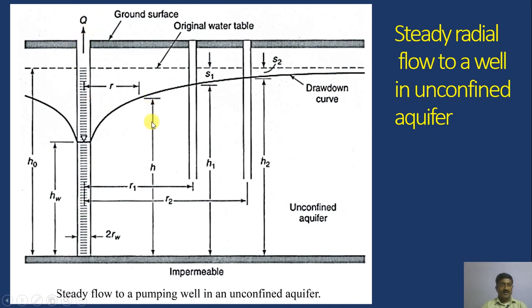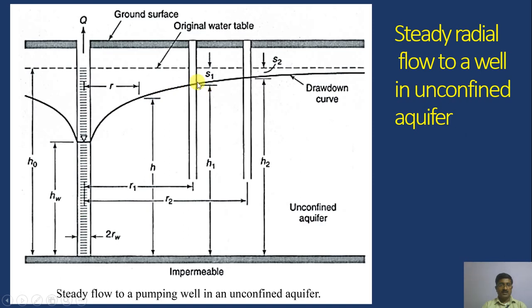For any head on this drawdown curve, the radial distance r can be measured. h0 is the height of the original water table from the impermeable layer. Similarly, the other vertical distances are there. For example, the water level in the well itself is hw from the impervious level.